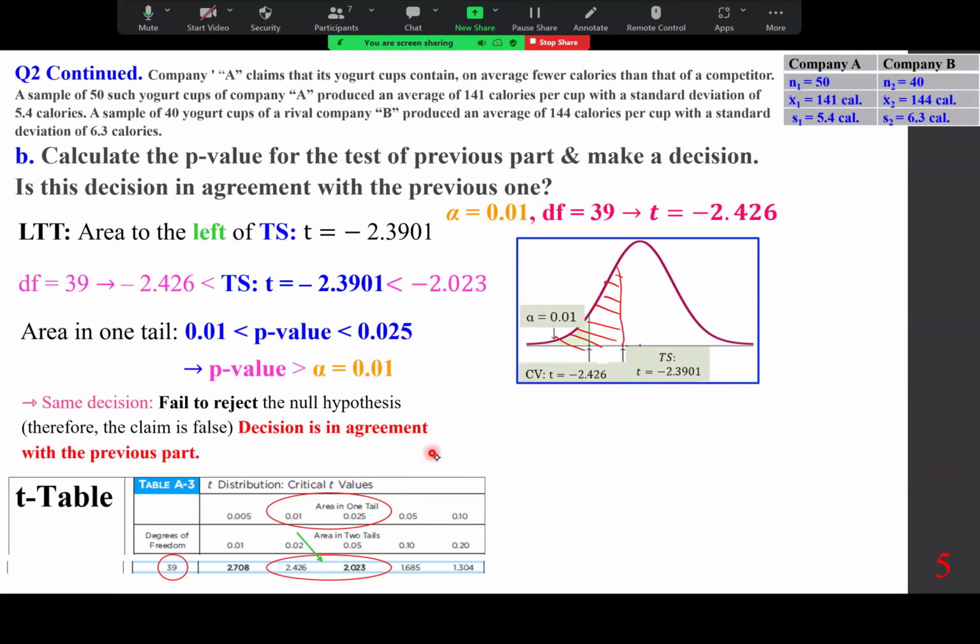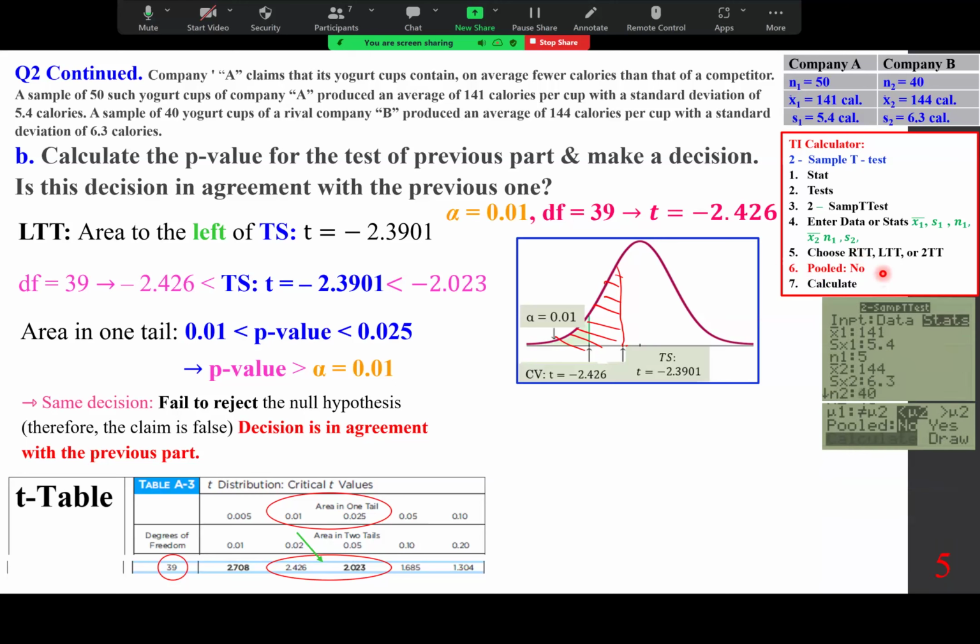We go with the two-sample t-test: stat, test, two-sample t-test, and we put in the information, and we choose left tail test. It's asking you whether you want to pool or not. That means you are assuming equality, and the answer is no. That is important to pay attention to.